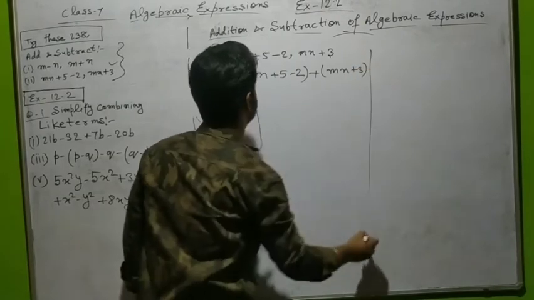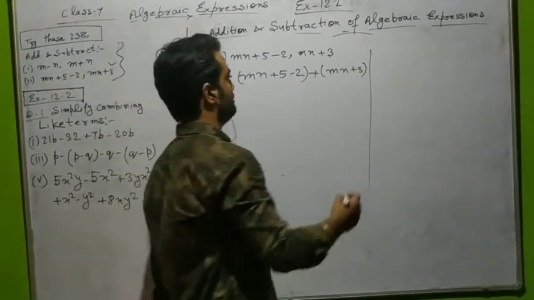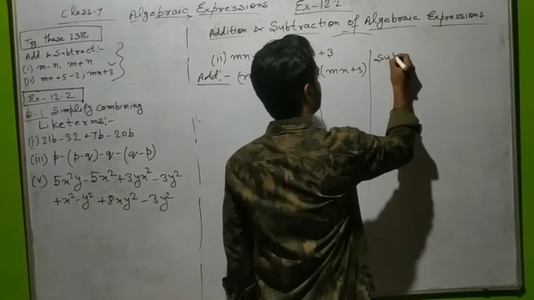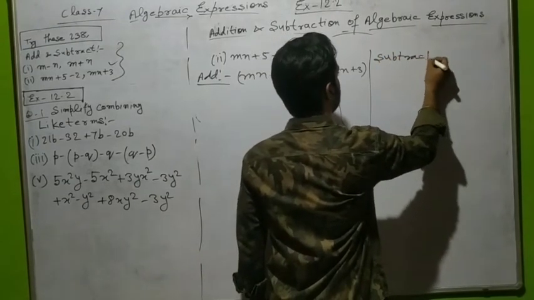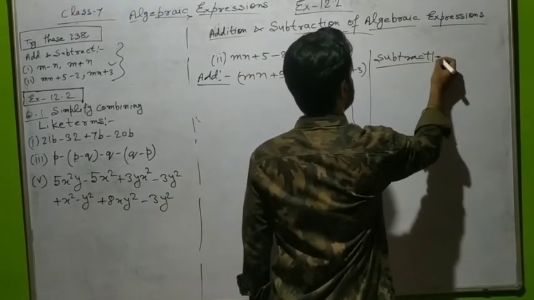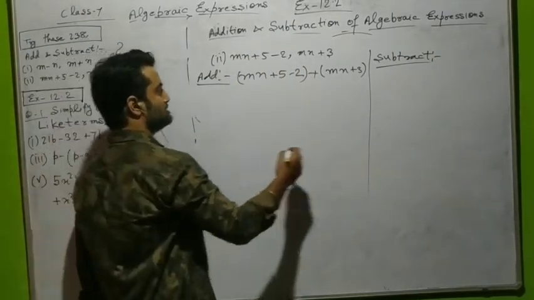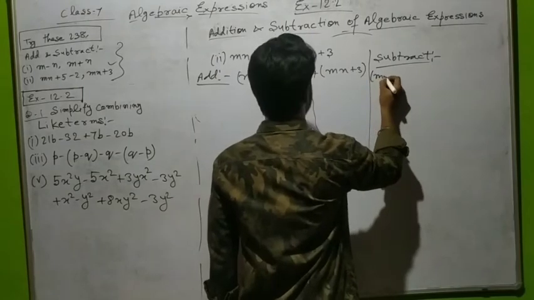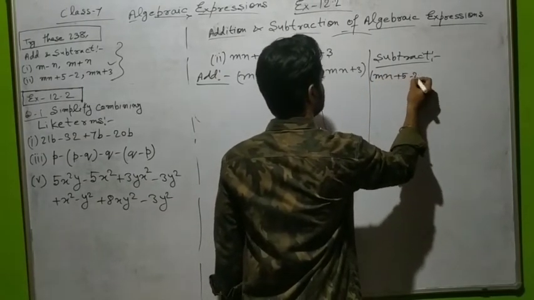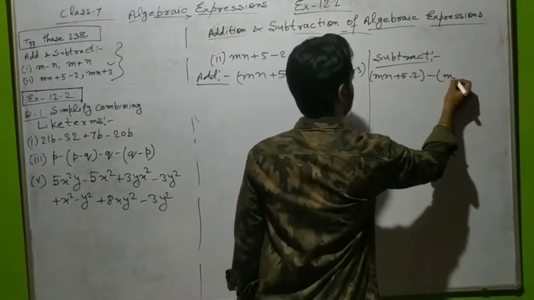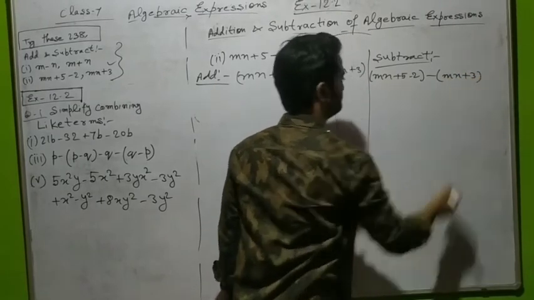This time I will solve addition and subtraction both simultaneously so that you understand both of them at the same time, and see what is the difference when we are adding and subtracting two algebraic expressions. So on subtraction we can write it as (mn plus 5 minus 2) minus (mn plus 3).